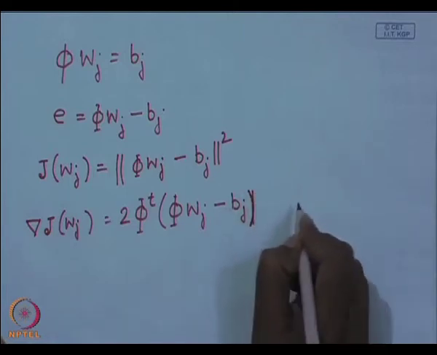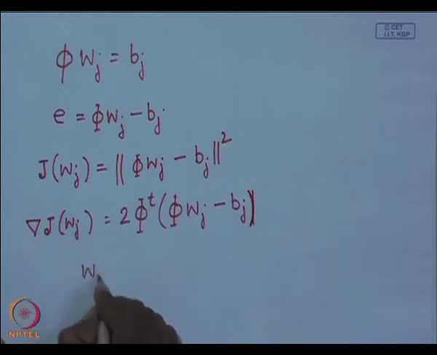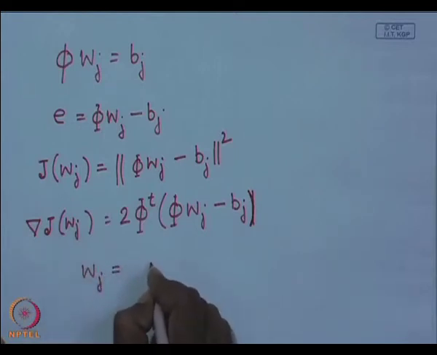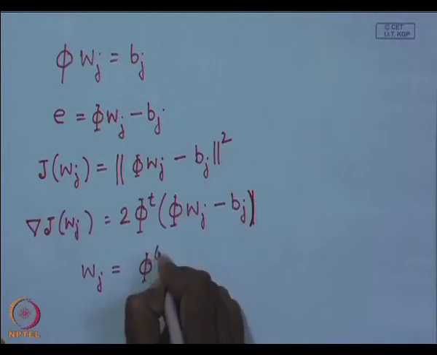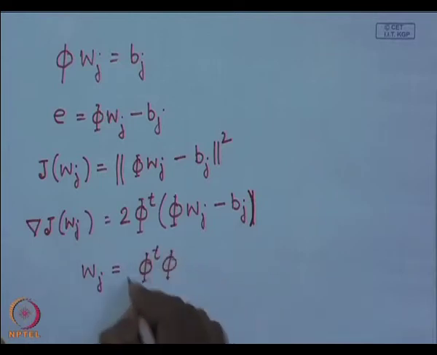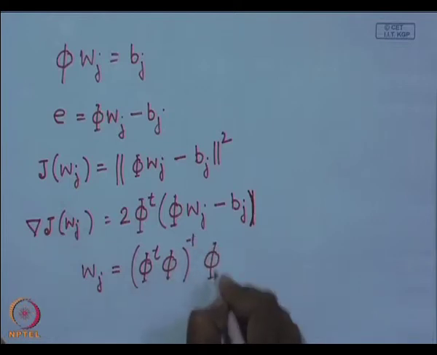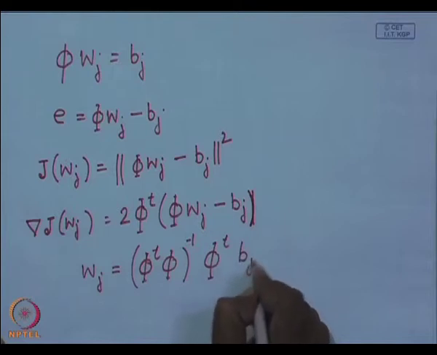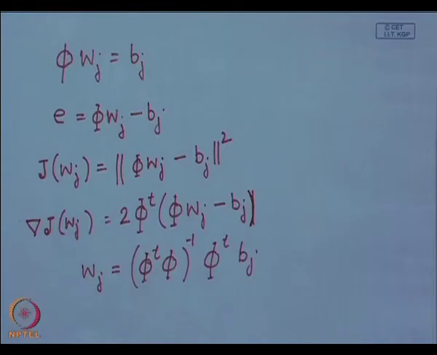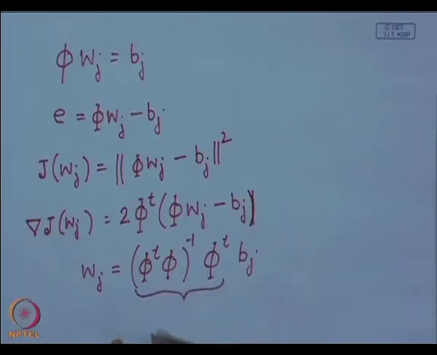And by equating this to 0, what we get is w j is equal to phi transpose phi inverse, into phi transpose b j. And as we have seen earlier, this phi transpose phi inverse into phi transpose is what is called the pseudo inverse, and that is represented as phi plus.